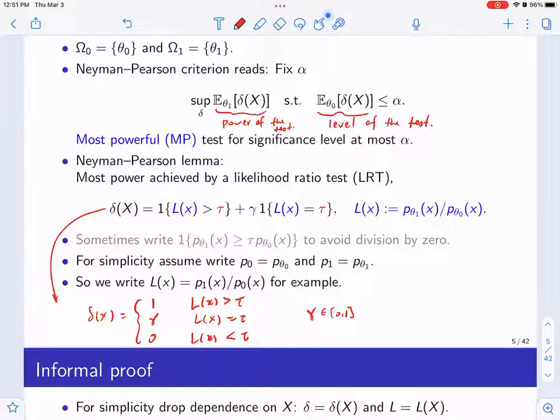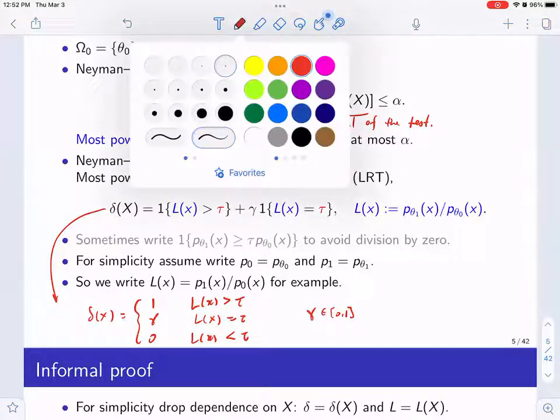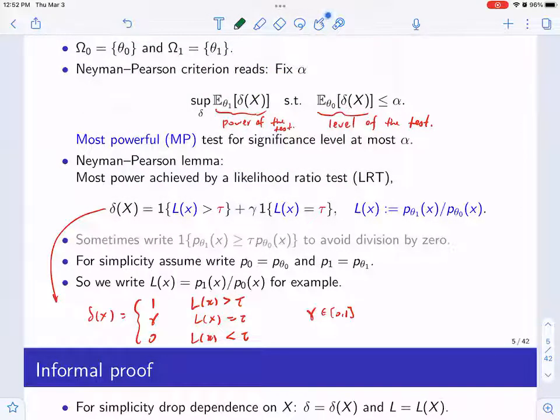The only thing that's not specified here is this tau, and gamma. Anyone know how we would specify these things? How do we set the threshold?